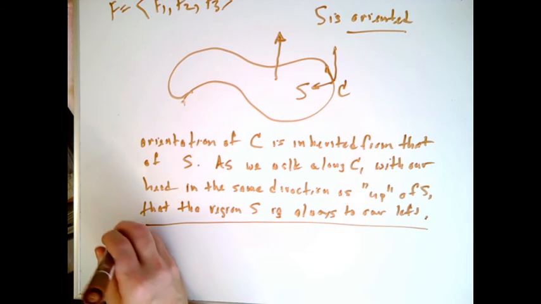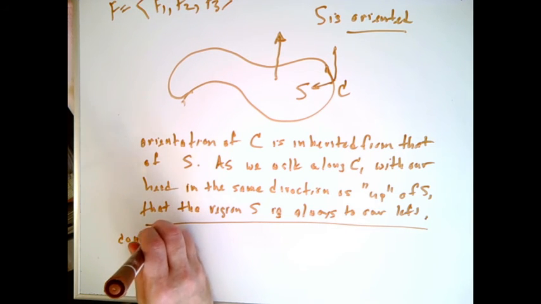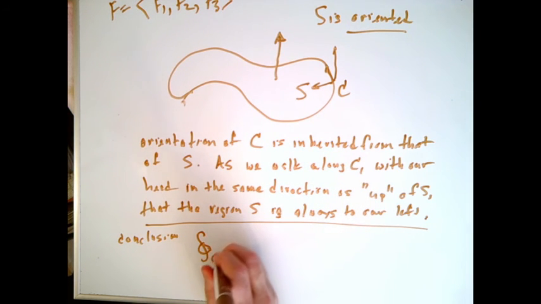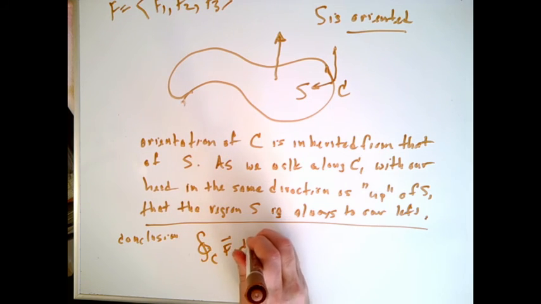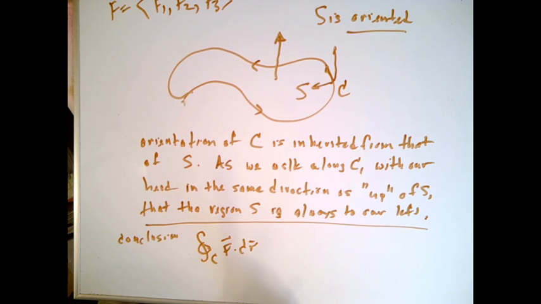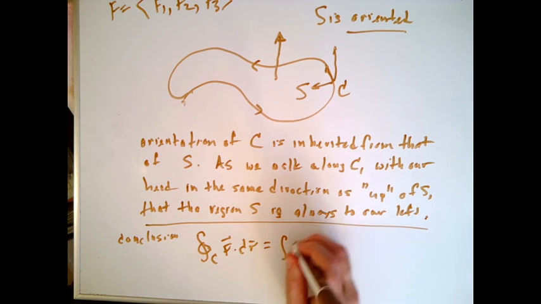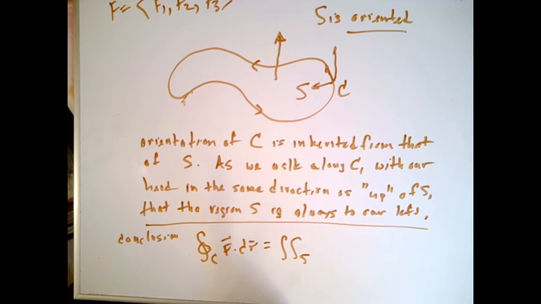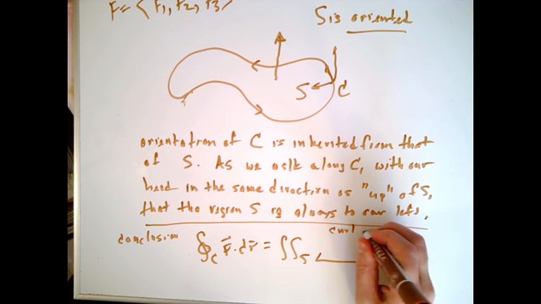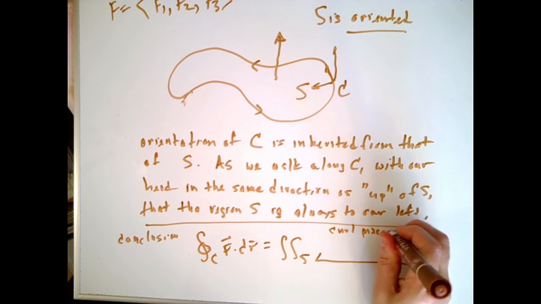The conclusion should look something like, and we'll get more specific, I just want to set the prerequisites here, that the work done around C by the vector field, so we still have arrows pushing stuff around C, we're still going to call it counterclockwise as viewed from above, should be some sort of double integral where we're putting little patches on S, and then we're going to have a big mess in here, with lots of little curl pieces like the kind that show up in Green's theorem. So let's put little curl pieces here for the moment, and we'll worry about what those pieces look like in the very next video.